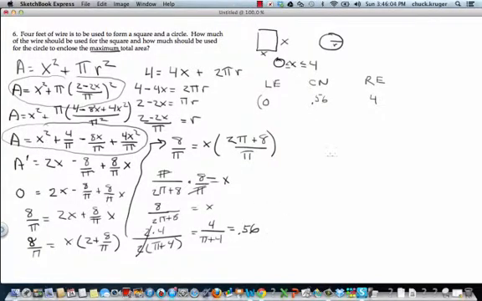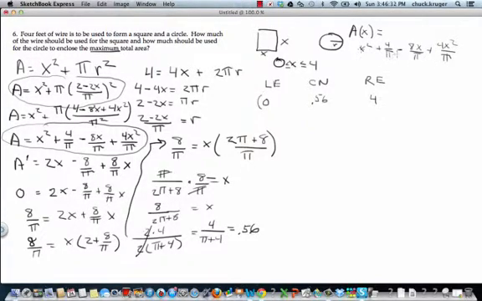I'm going to write my function up here: A of x is equal to x squared plus 4 over pi minus 8x over pi plus 4x squared over pi.